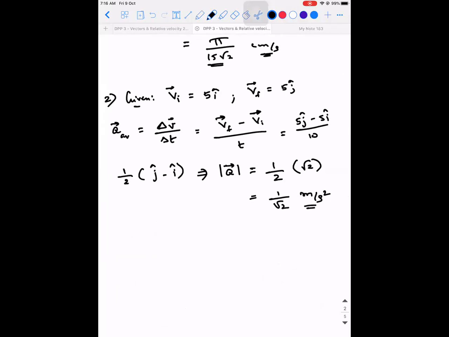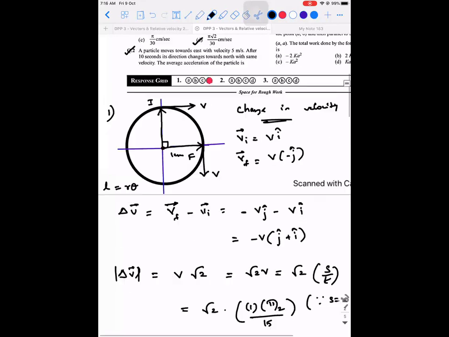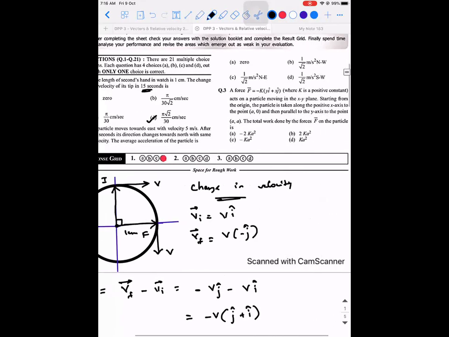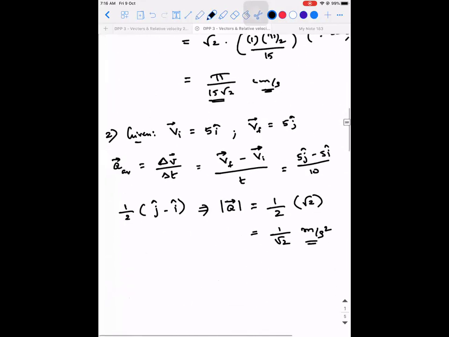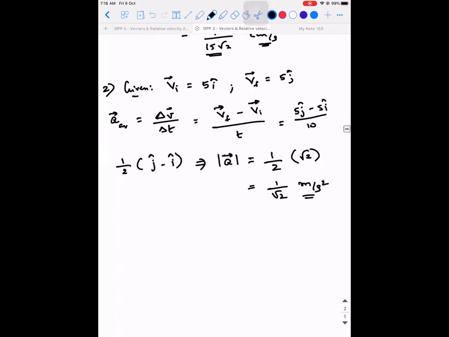How did you find out? Because j cap is north and minus i cap means west. So you're trying to say that it is the second option. West. That's right.